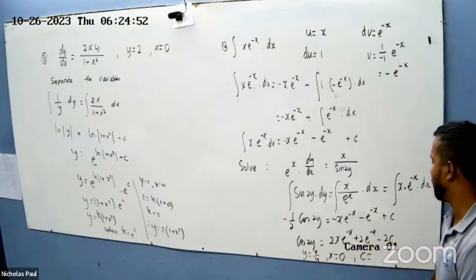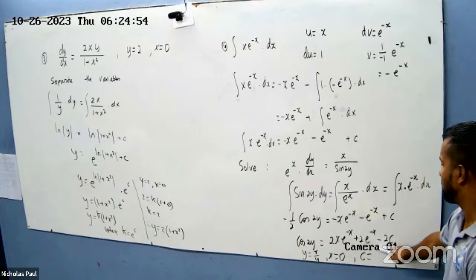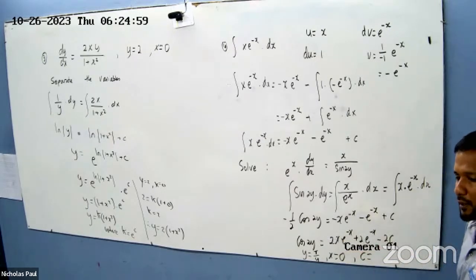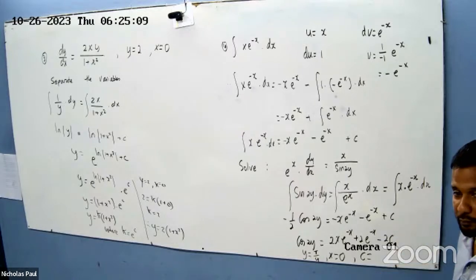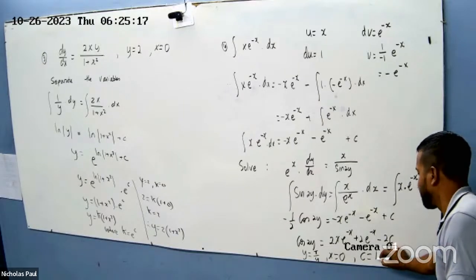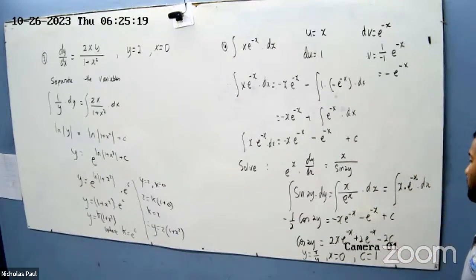This will be 0, this will be 2, and pi on 2 plus 90 is also 0. So I have 1. Who got 1? Who else got 1?